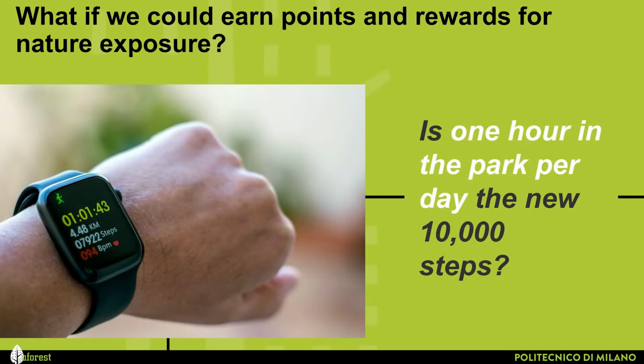And one of the things that I hope that it leads to is that, if everyone's familiar with the Apple Watch, you have these 3 different rings. What if 1 hour in the park per day could be the new 10,000 steps? What would our world look like if people en masse were prioritizing being in nature and accessing nature every single day?